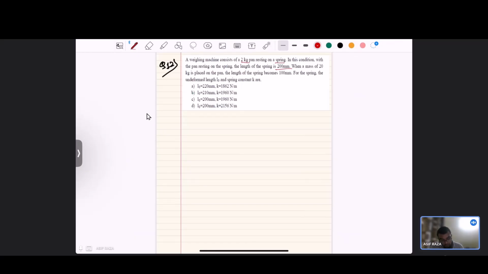A weighing machine consists of a 2 kg pan resting on a spring. In this condition, with the pan resting on the spring, the length of the spring is 200 mm. When a mass of 20 kg is placed on the pan, the length of the spring becomes 100 mm. For the spring, the undeformed length and spring constant K are.